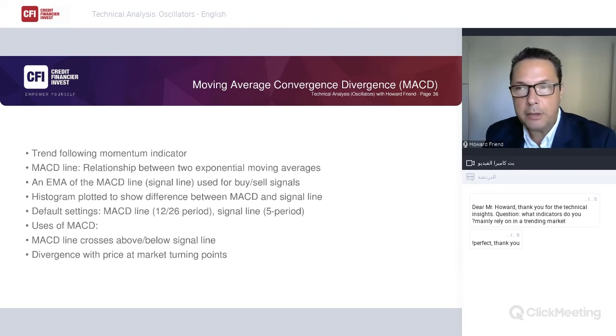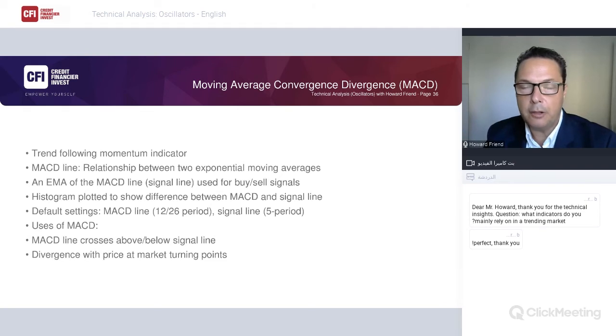And then an exponential moving average of the MACD line, which is called the signal line, is used to generate the buy and the sell signals. So when the MACD line crosses above or below the signal line, that gives you a buy or a sell signal. The histogram is plotted to show the difference between the MACD and the signal line.